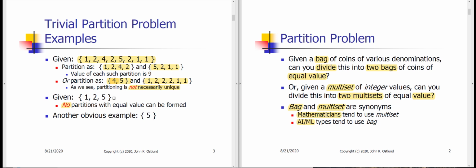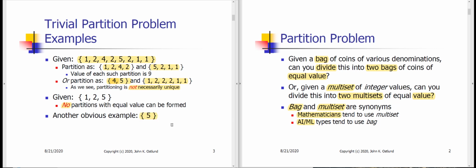But clearly, 5 is going to have to be in one partition or the other, and 5 all by itself is greater than 4, so it's not going to be possible for us to partition this multiset of three values into two multisets, each of which has a total value of 4.